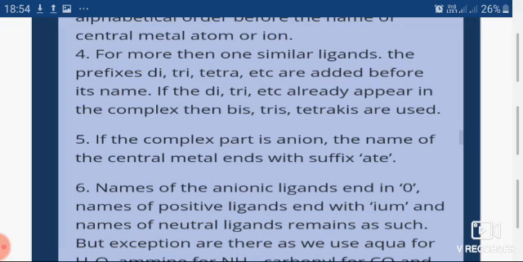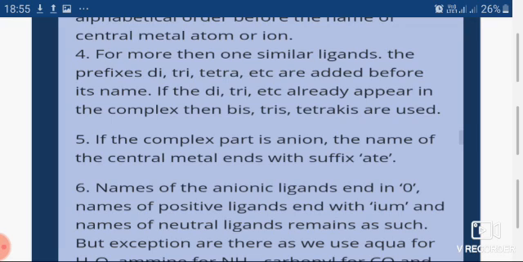If 4 chloro groups or 6 chloro groups are present, we say it as tetrachloro or hexachloro. Then the next is, if these terms di, tri, tetra are already used in your ligand name and the term would be repeated again, at that time we must use bis, tris, tetrakis terms.